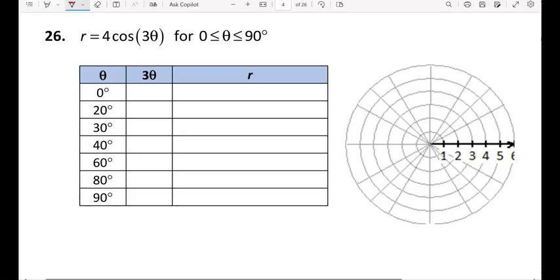So for number 26, we have to multiply the theta values by 3 first. 0, 60, 90, 120, 180, 240, and 270. And then we have to multiply 4 times the cosine of those values.